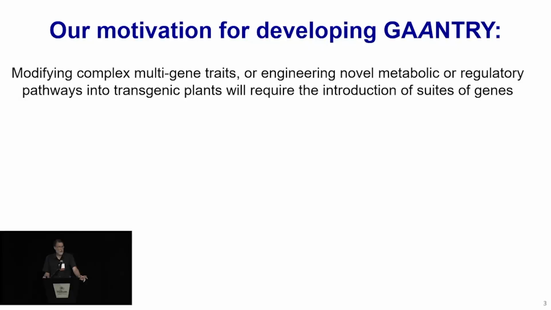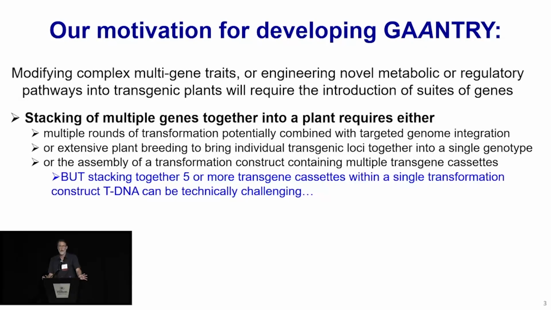Our motivation for developing GANTRY, which started many years ago now, was that we were thinking forward and wanted the capability of modifying complex multi-gene traits or engineering novel metabolic or signaling pathways in transgenic plants. To do that, we expected to require the introduction of multiple genes, not just 1, 2, or 3, which is typical for constructs that people use. Stacking multi-gene traits together in the plant requires specific mechanisms.